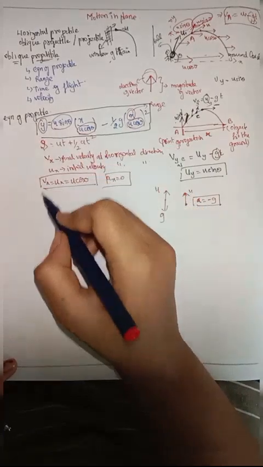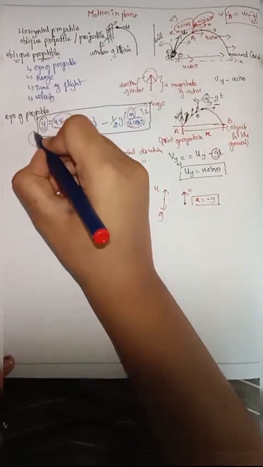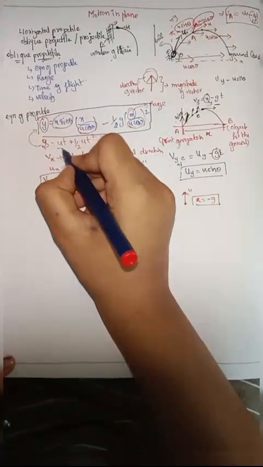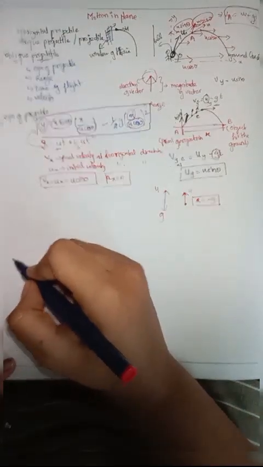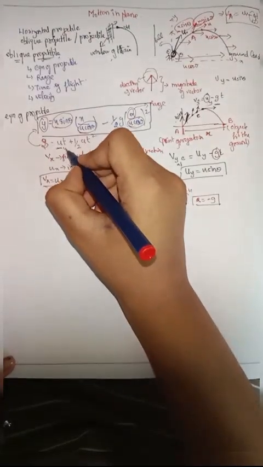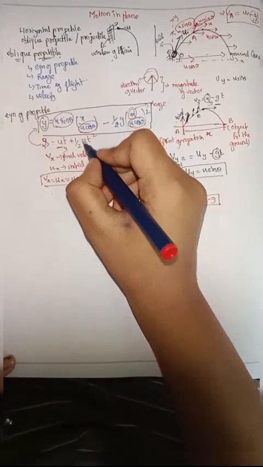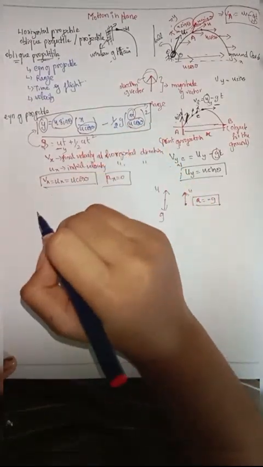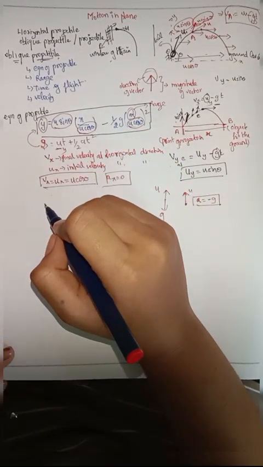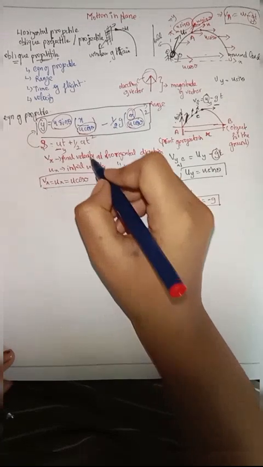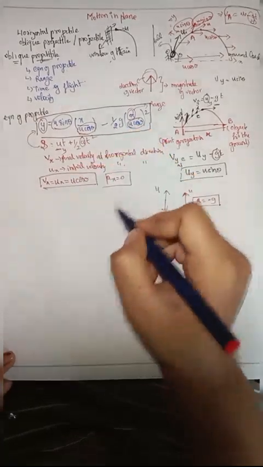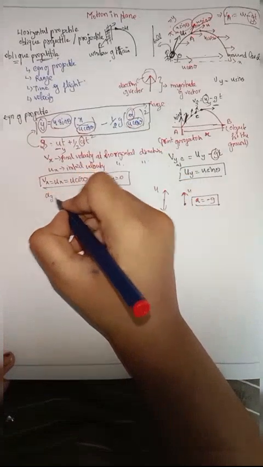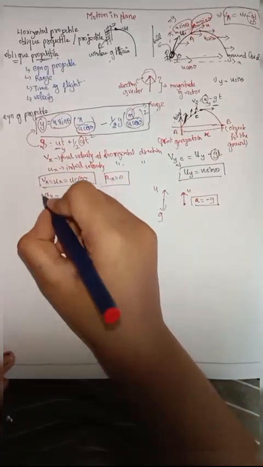Okay, in this x we represent y, and u here represents the initial velocity along the y direction, and a represents the acceleration along the y direction. As I said before, acceleration along the y direction is equal to minus g.